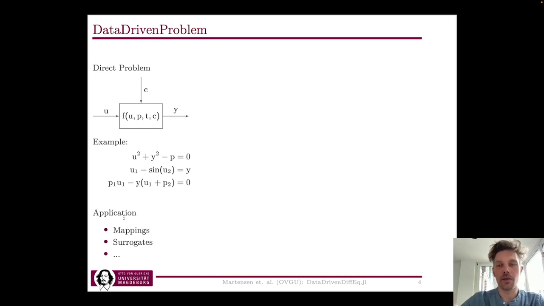And direct problems are applicable for general mappings, of course, but also to extract parts of unknown models. For example, in the universal differential equation paper, we use this problem class to do symbolic regression or sparse identification on the nonlinear dynamics we didn't know about.